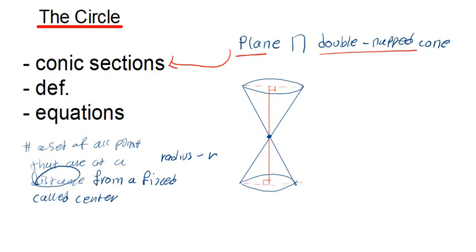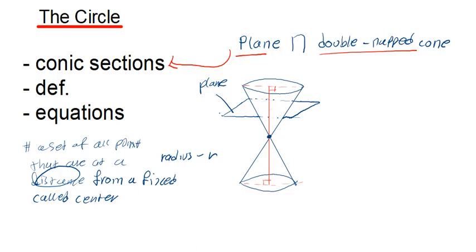So if you have a plane like that, and this plane meets the axis at a 90 degrees angle, what you're going to have is a circle. You're going to have something of this kind.